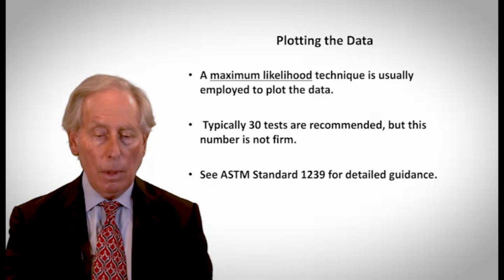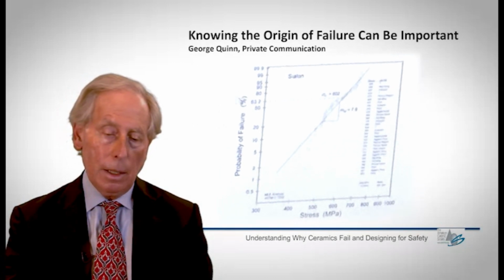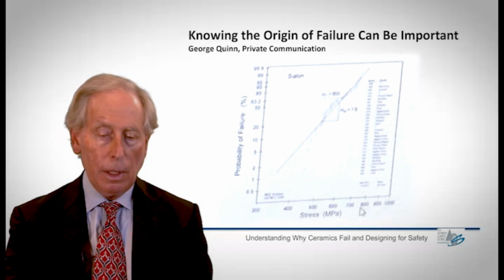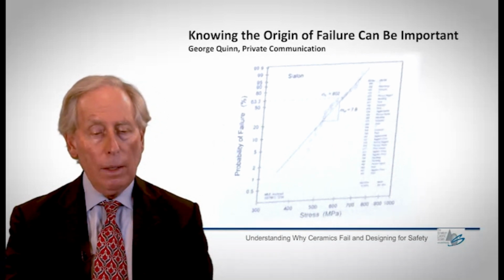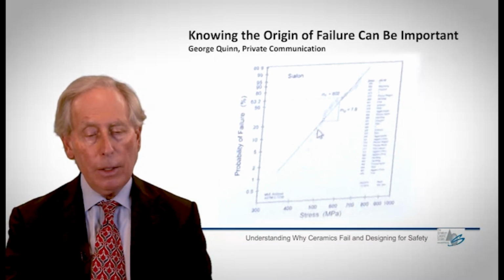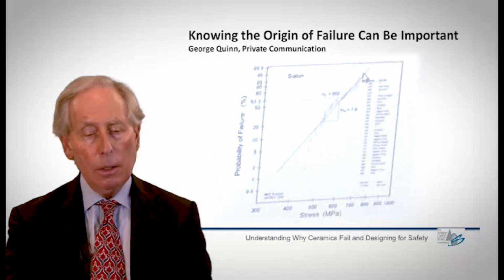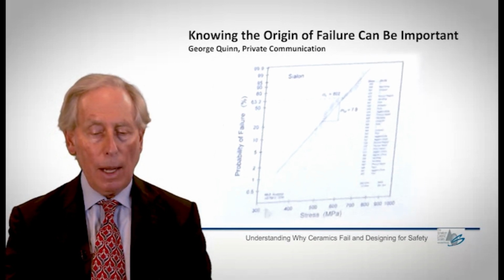And then when you plot the data, you will get a line. I've showed this kind of before, where you're plotting the probability of failure as a function of applied stress. One of the points I want to make here is that it's important to know not just the probability of failure, but why failure occurred. And you see here things don't follow the same curve throughout the entire strain range or stress range.